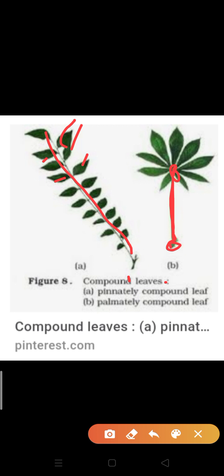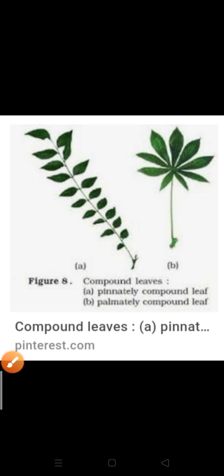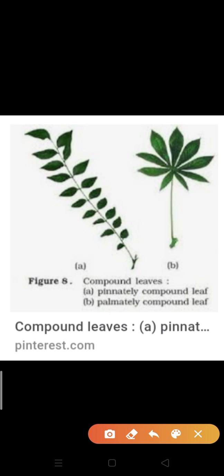All the incisions go till the petiole, and all the leaflets are attached at a common point, which is present at the tip of the petiole.